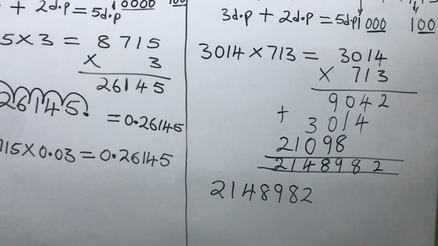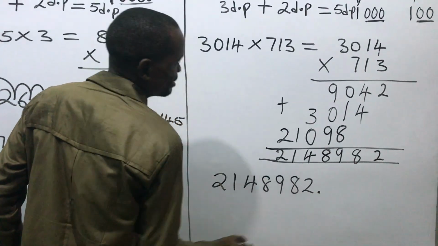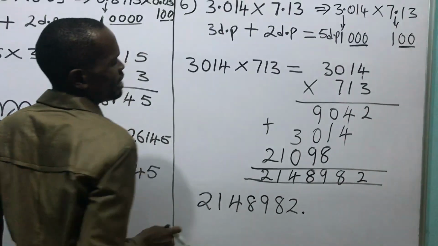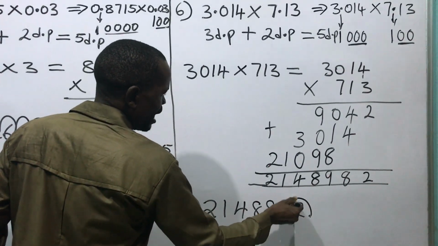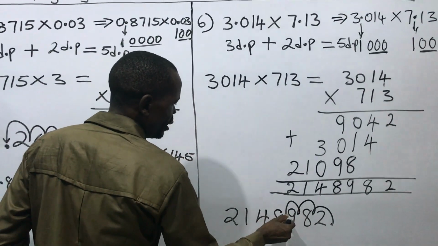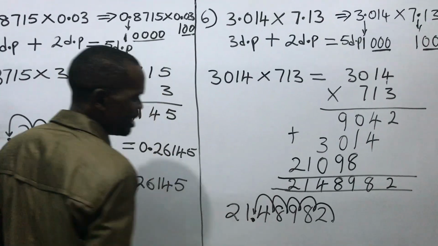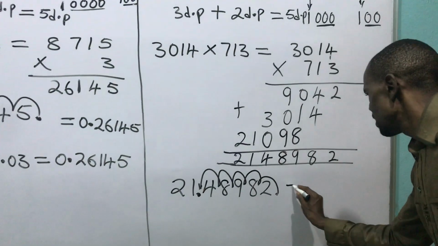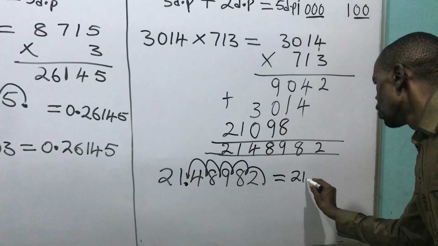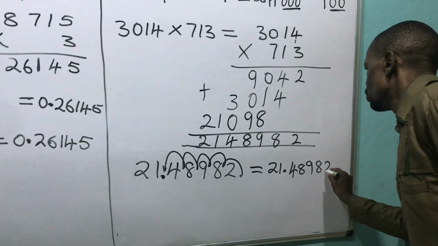Then returning the decimal places, look at where my decimal point is. I have a total of 5 decimal places. I'm returning them. I will have 1, 2, 3, 4, and 4. That means my decimal point will be here. And that implies this is 21.4882.